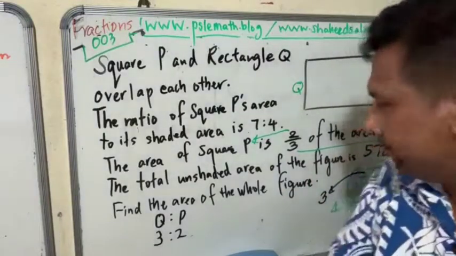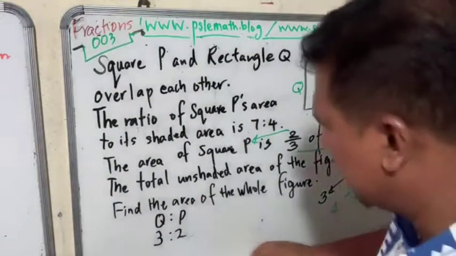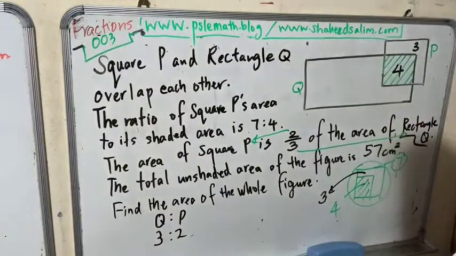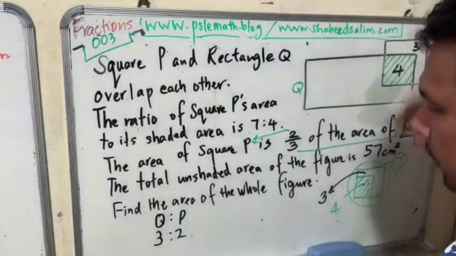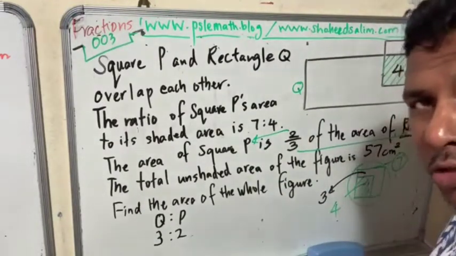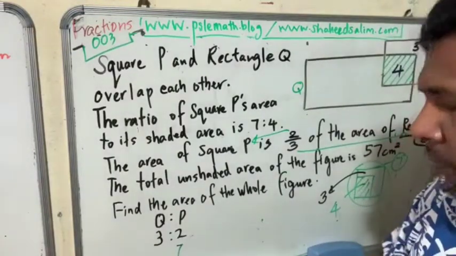Now, we have the total of P in this illustration, and it is 7.